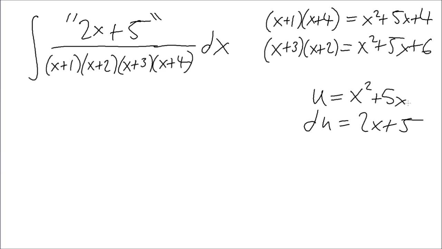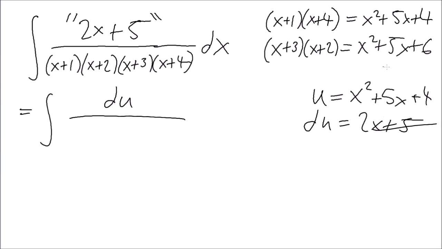Or, if I want to cheat just a little bit, I could let u equal x squared plus 5x plus 4. Then what we have here is du, because this gets taken care of.